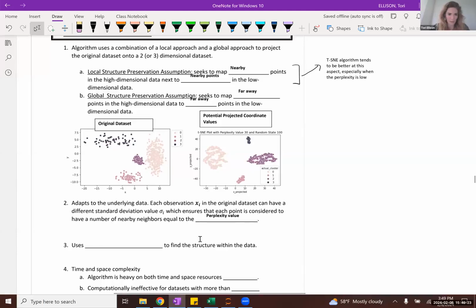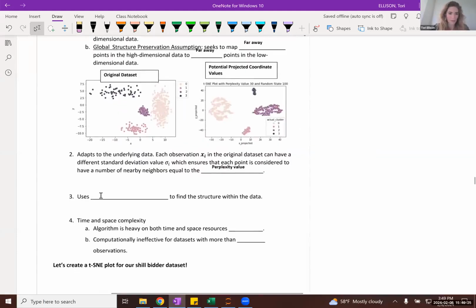We want to remember that it also uses a non-deterministic heuristic algorithm to find the structure within the data.